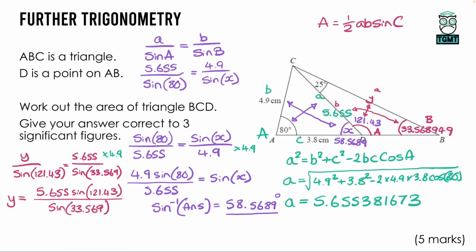I can just type that all in one go. That is going to give me my answer. There's a lot to type in. So 5.655 sine 121.43, and on the bottom we have sine of 33.569. If I press equals now, I have got an answer for that side length, which I have called y.